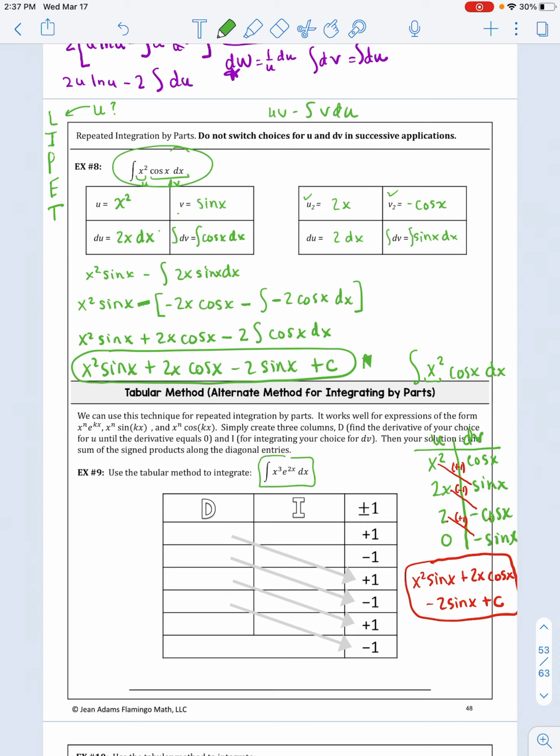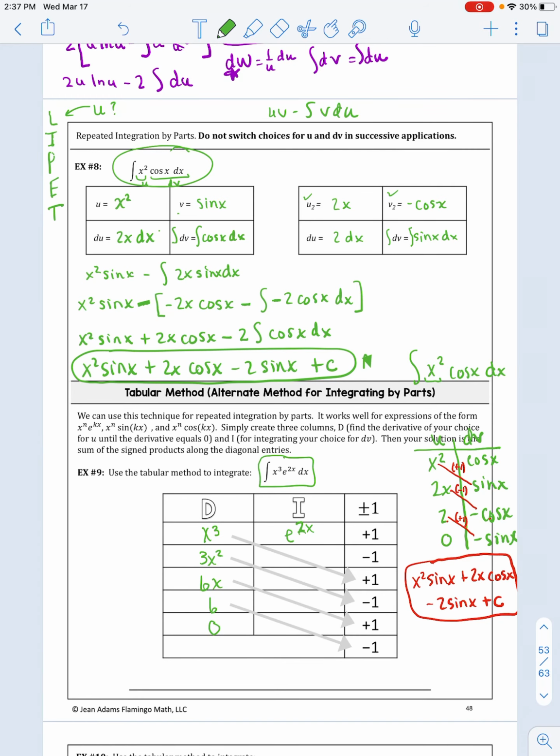So this is our integral, and you can imagine that exponential on LIPET is at the end, so our exponential is going to be what we take the integral of, and our polynomial will be what we take the derivative of. So the derivative is nice and easy. That'd be 3x squared, that'd be 6x, that'd be 6, that'd be 0, okay?